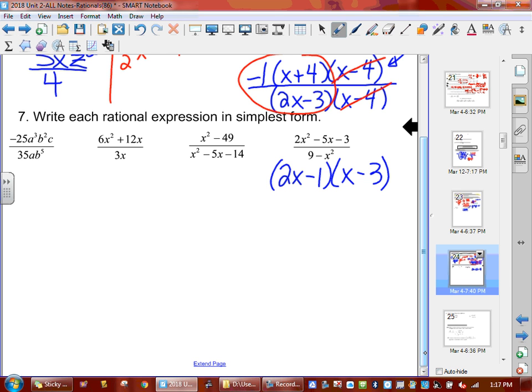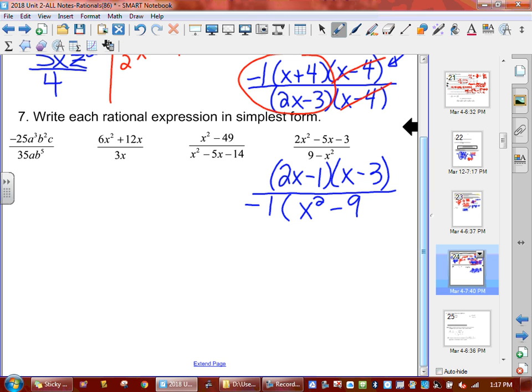The variable x is first, so because the variable x is first, we need to reverse the bottom so the variable x is first. So we're going to divide a negative 1 out of the bottom so that I get x squared minus 9. Now we can do the perfect squares, difference of squares factoring on him.